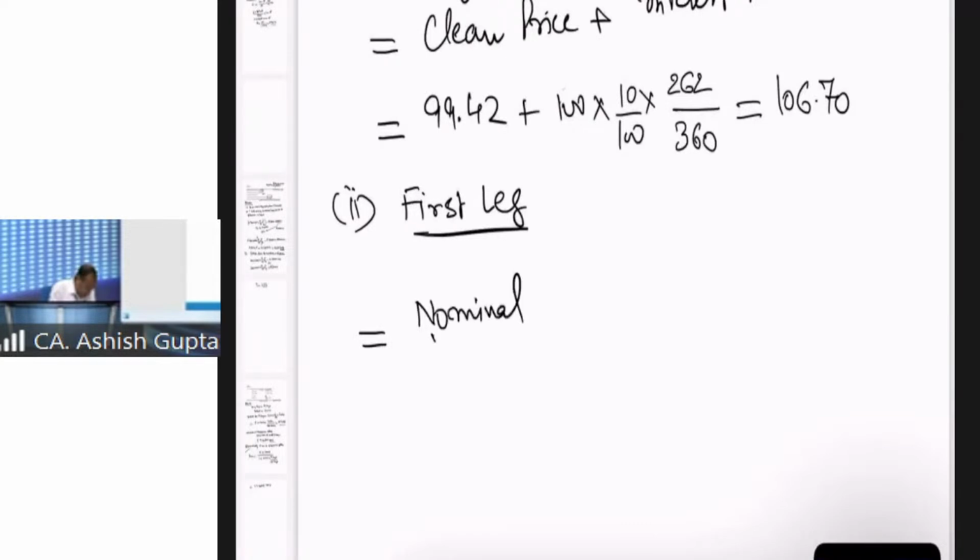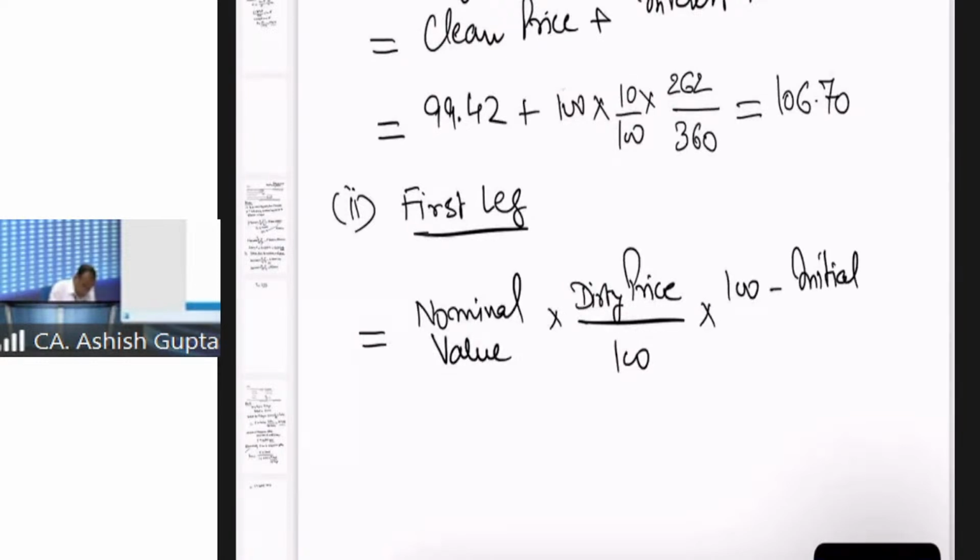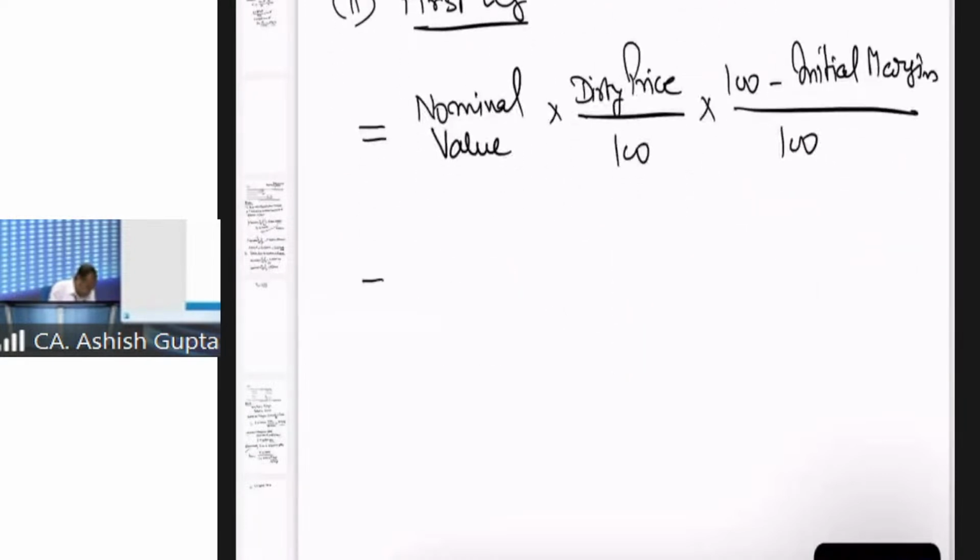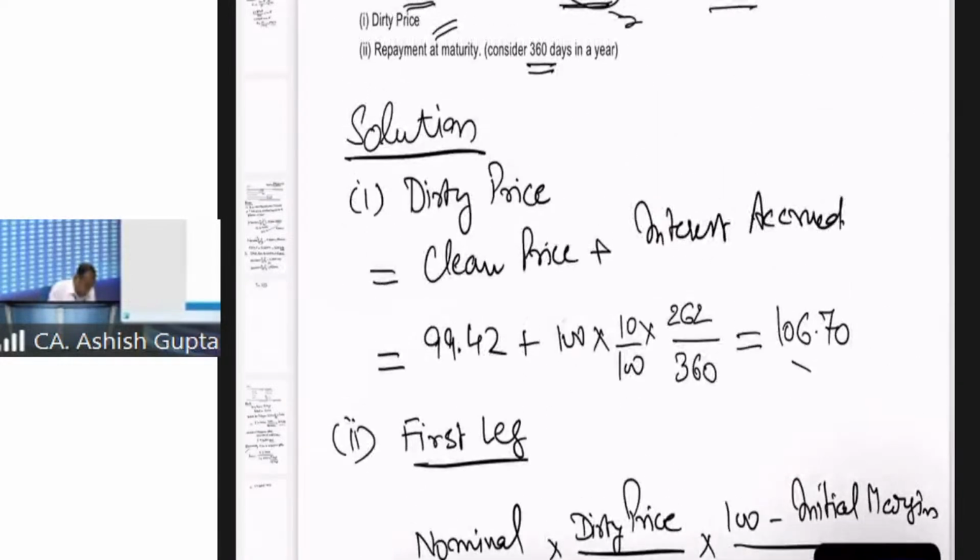Nominal value, the amount is 8 crore. Market price is 106.